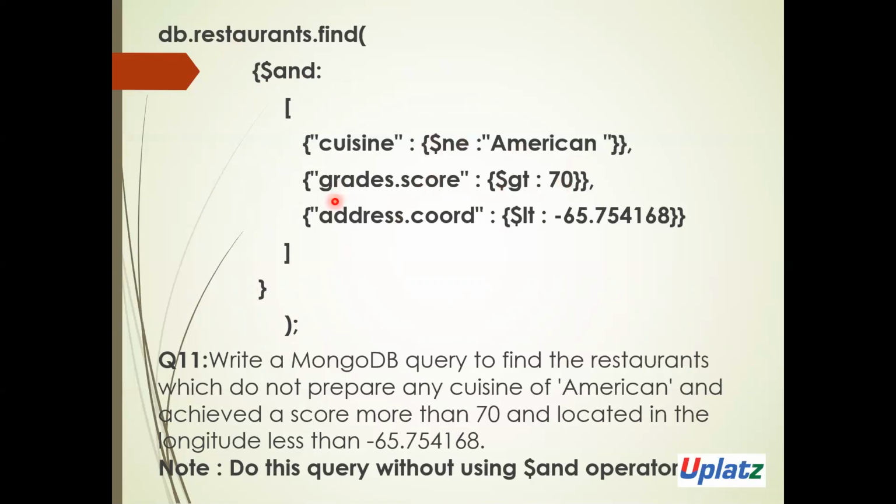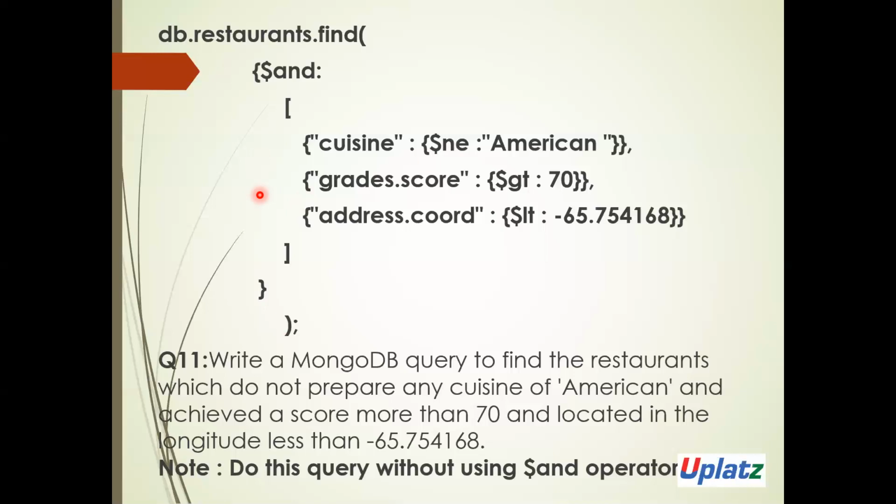And the third condition is address.coord should be less than this value. So everything is in an array of objects and I have performed the AND operation on them and returned my query. So this is how you need to write a query. In this case, I have three conditions and all three conditions need to be satisfied.